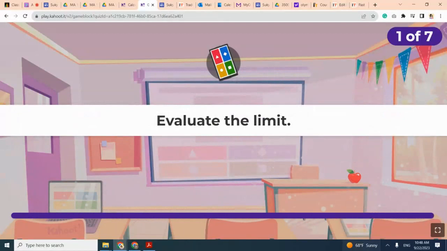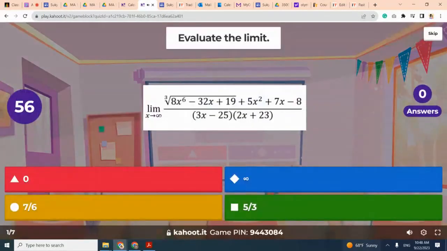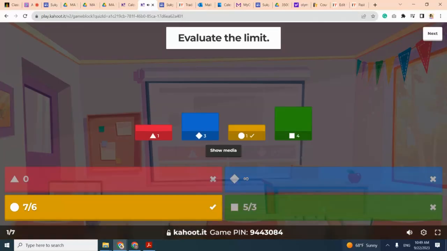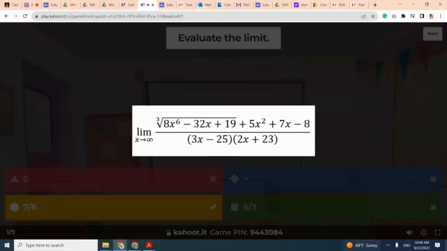Seven questions. Evaluate the limit. Look at the dominant terms of the numerator. Okay, the dominant term is 5x squared, and the cube root of x to the 6 is x squared as well.